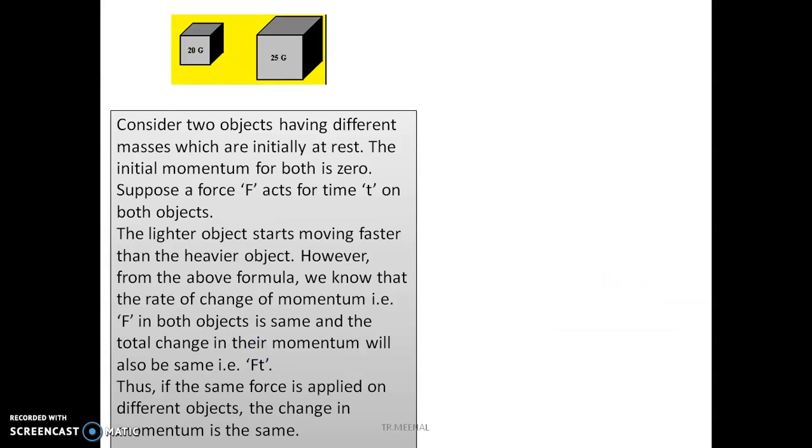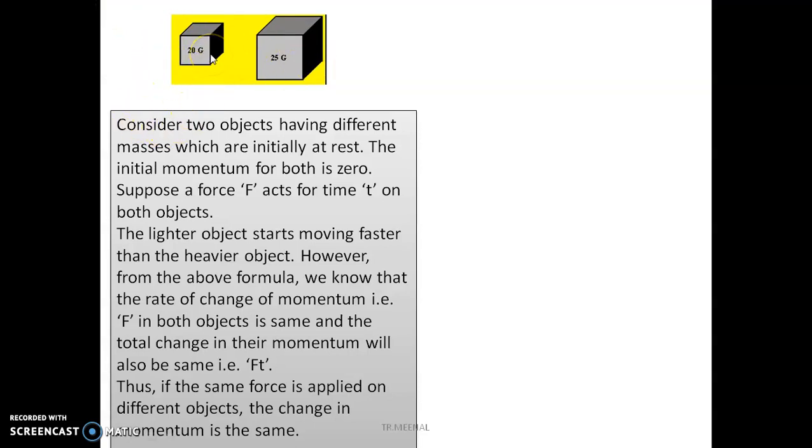Consider two objects having different masses which are initially at rest. These are the two objects with different masses at rest. The initial momentum for both is 0. Suppose a force F acts for time t on both the objects.